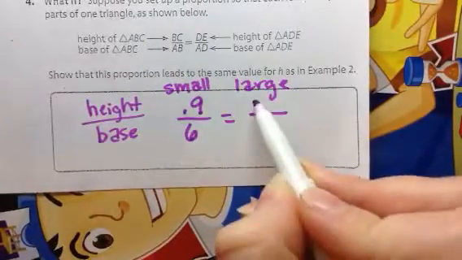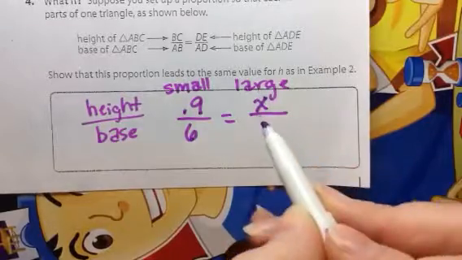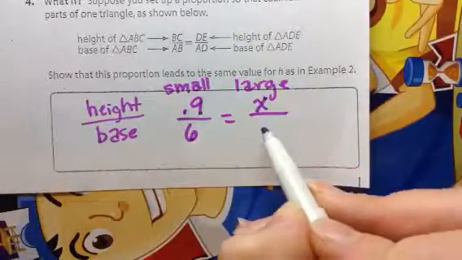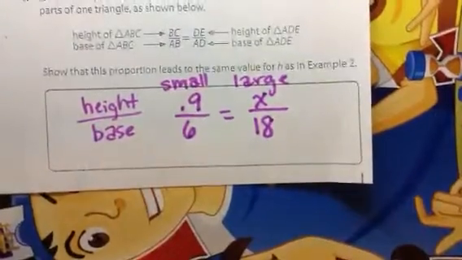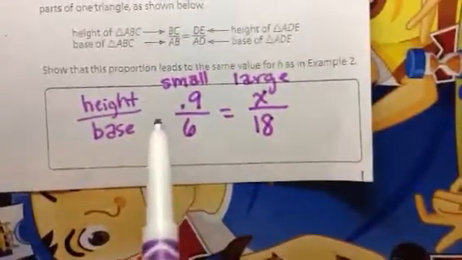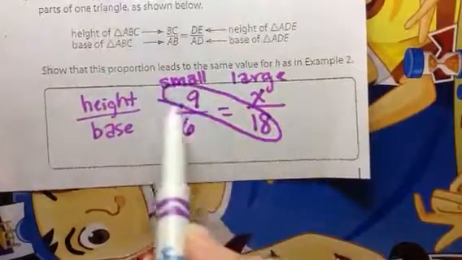The large height is the one that we didn't know, and the large base was, we had to add that together to get 18.